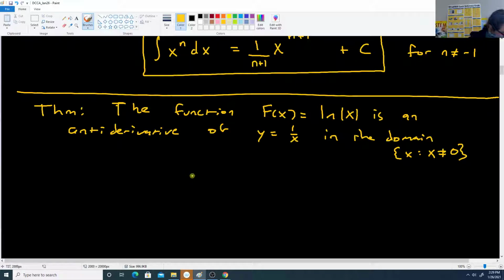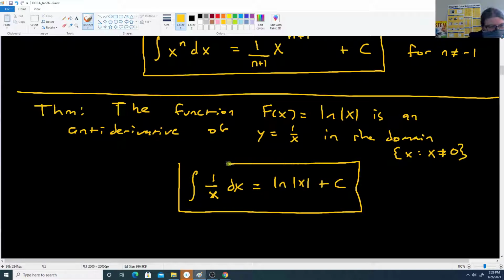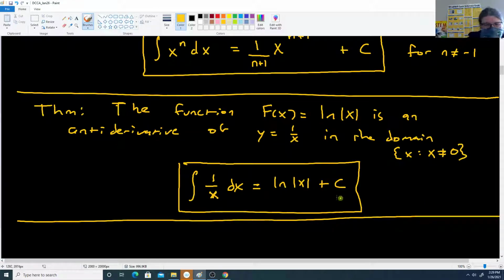So in symbols, we could say the integral of 1 over x dx is equal to natural log of absolute value of x plus a constant. So that's how we take the antiderivative of 1 over x. That's how we integrate it.